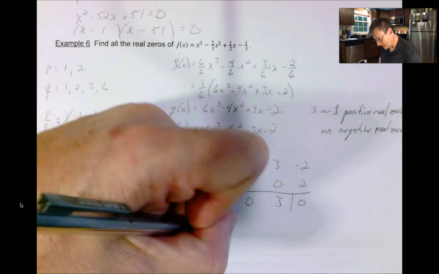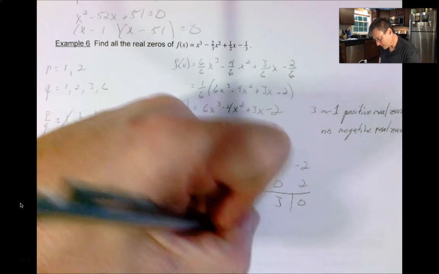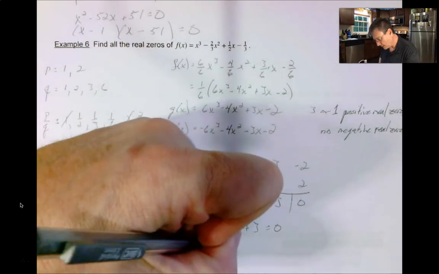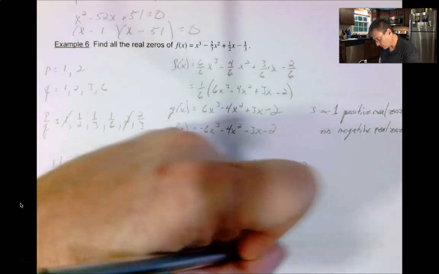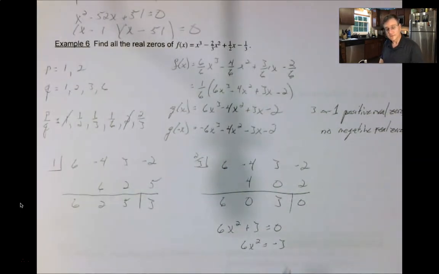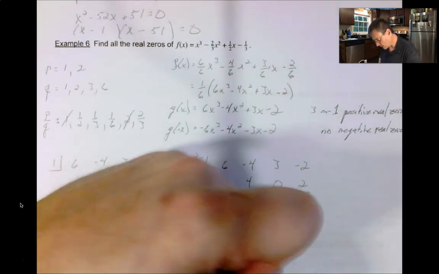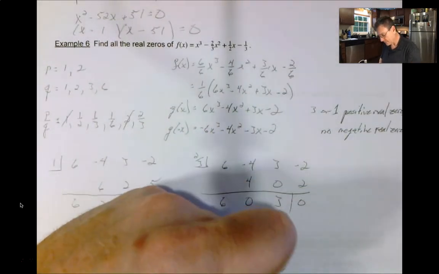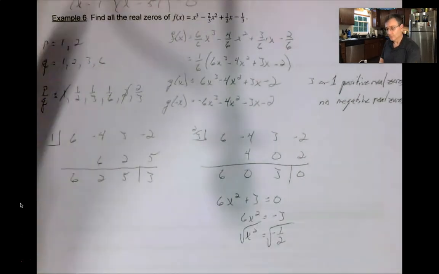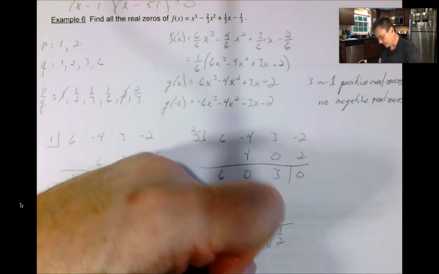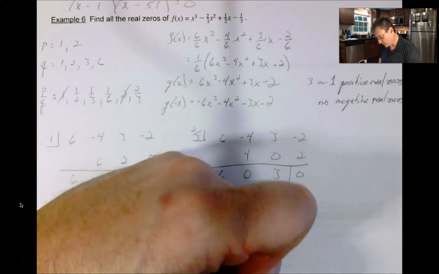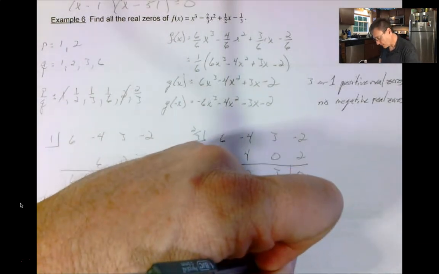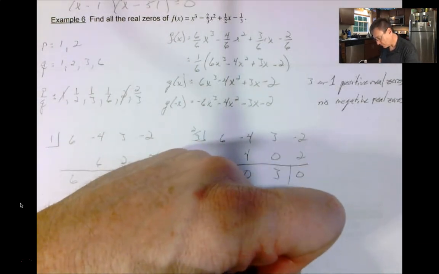We've got 6x squared plus 3 equals 0. Subtract 3, 6x squared equals negative 3. Divide both sides by 6. X squared equals negative 1/2. Square root both sides, I get x equals plus or minus, it's negative, so it's i over square root 2.